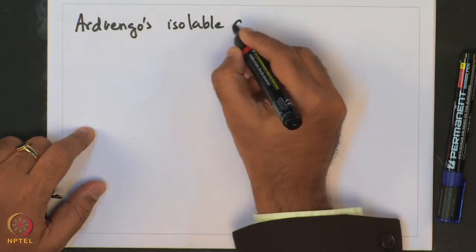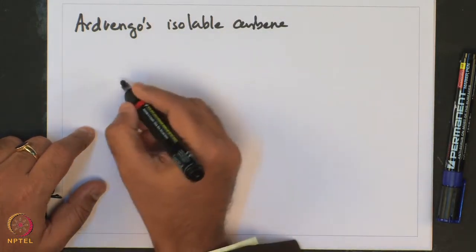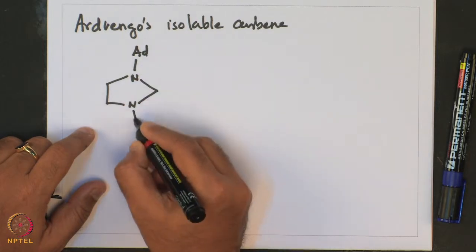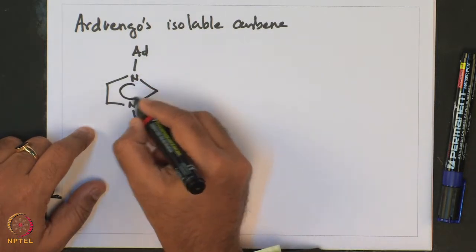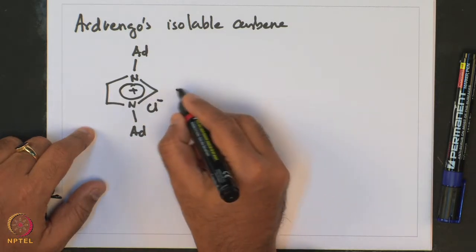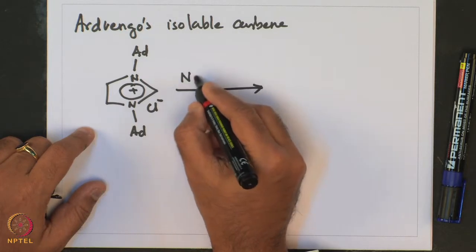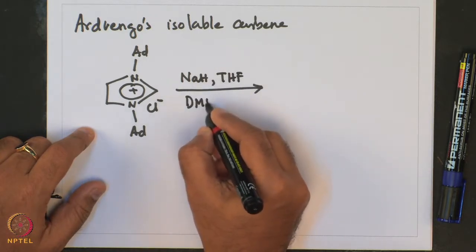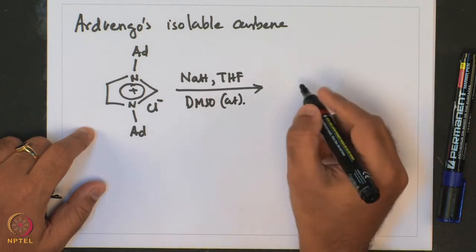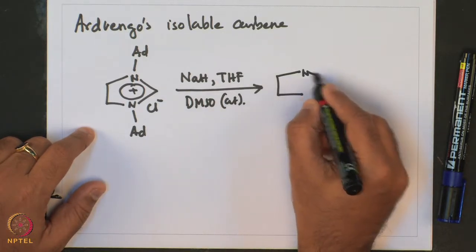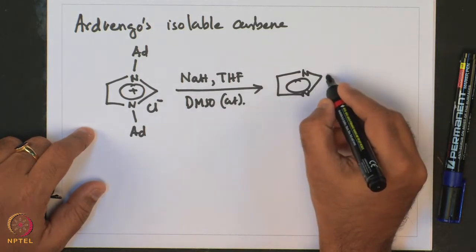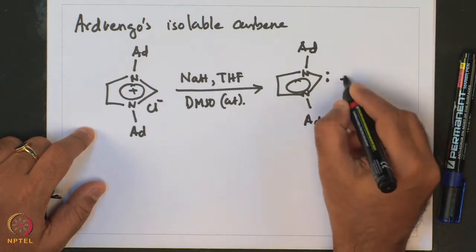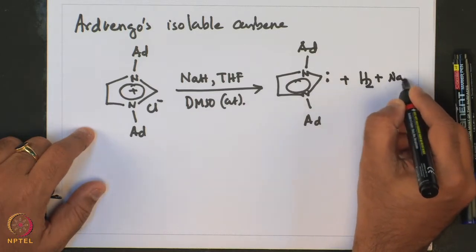Arduengo's isolable carbene was obtained when bis adamantyl substituted imidazolium halide was treated with sodium hydride as a base in THF with DMSO as a catalyst to give the free carbene plus hydrogen plus NaCl.